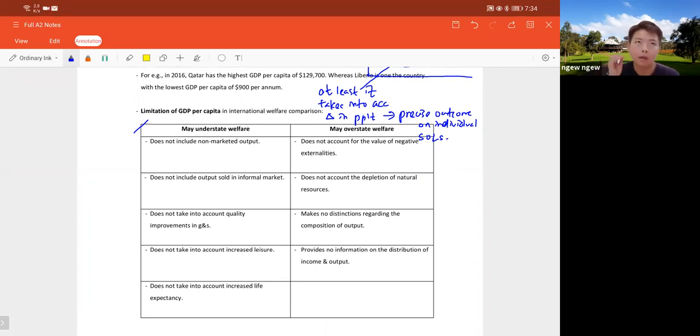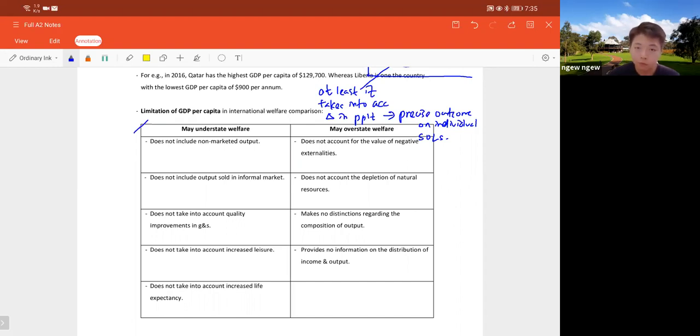But one of the cons, which is standardized for all indicators, is that standard of living includes a lot of aspects, but GDP per capita only includes very limited aspects. So that is another con that we can use commonly, okay?